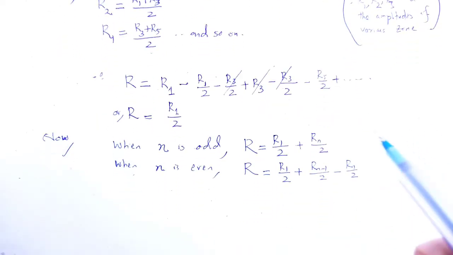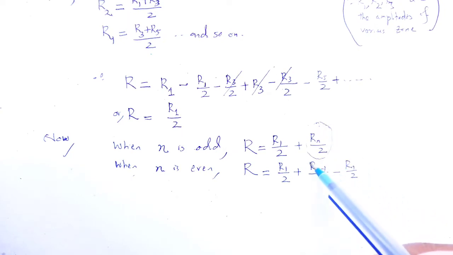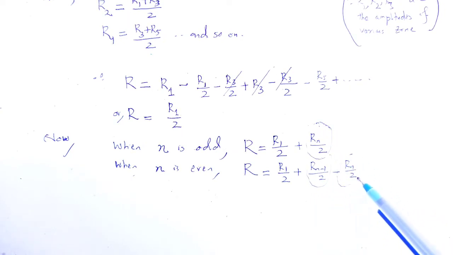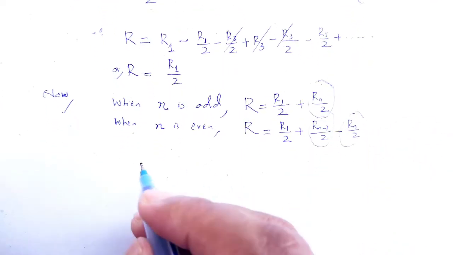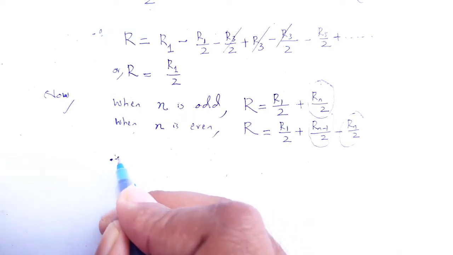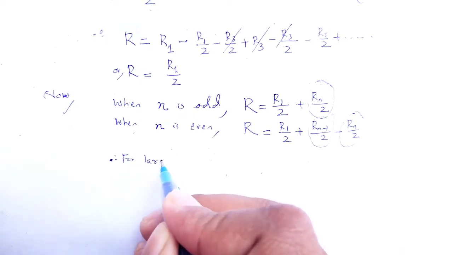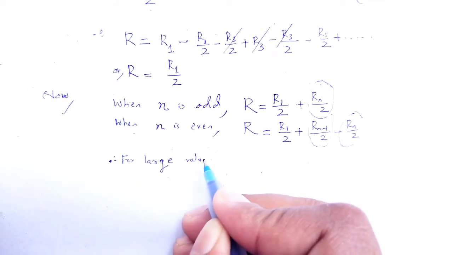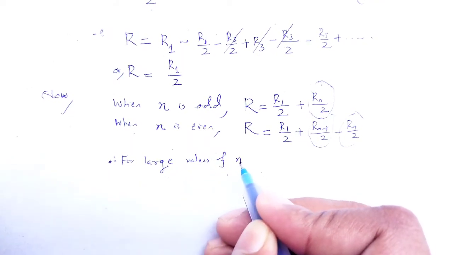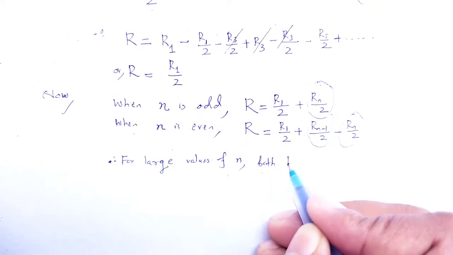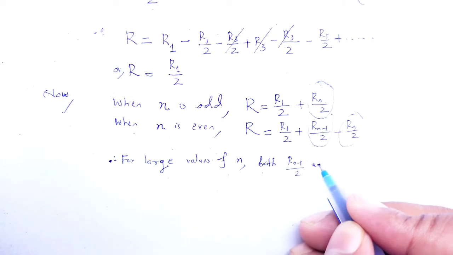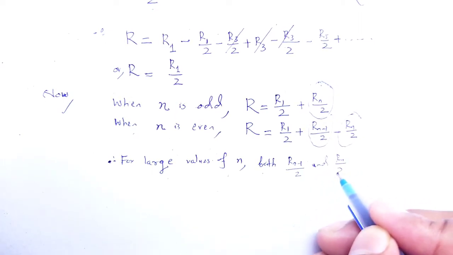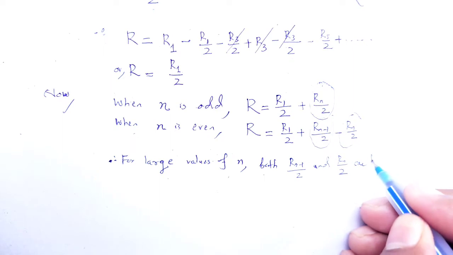Look at these two expressions, Rn minus 1 by 2 and Rn divided by 2. For large values of n, we have to neglect these terms. Therefore, for large values of n, both Rn minus 1 by 2 and Rn by 2 can be neglected.